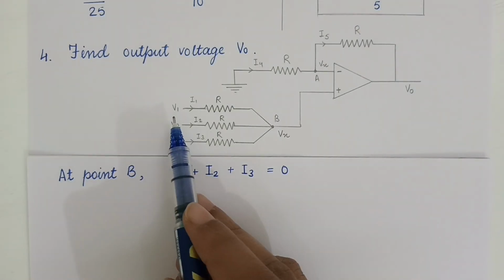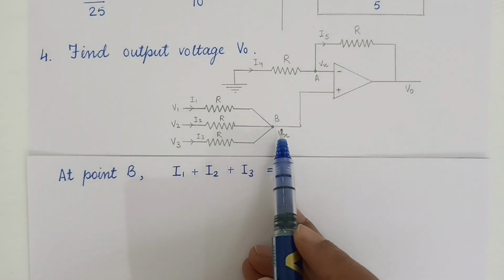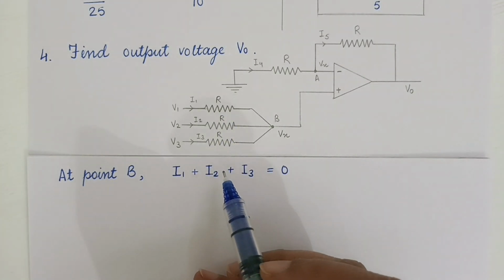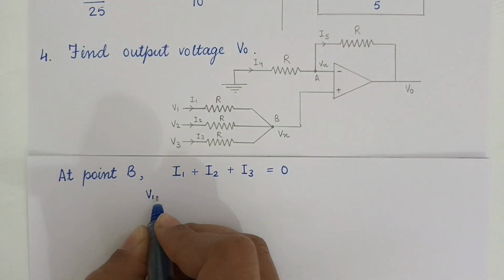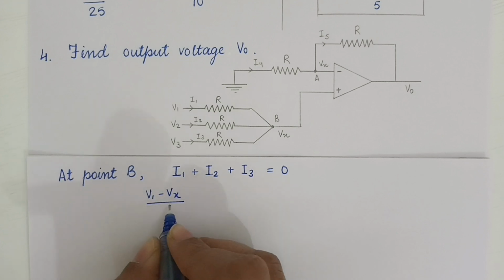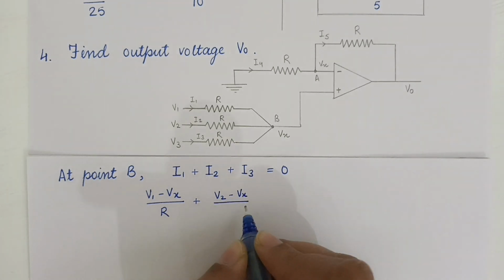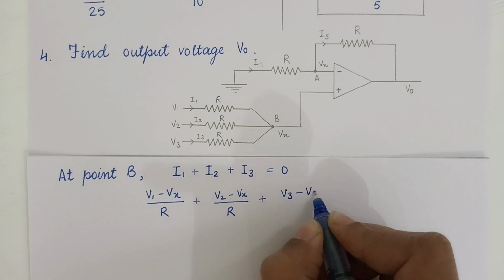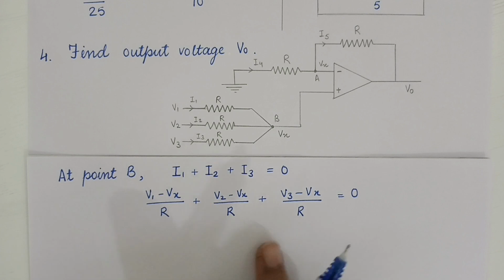Now the voltage subtraction, that is V1 minus Vx, V2 minus Vx, V3 minus Vx, and the resistance is common, that is R. So let's write it. For I1, V1 minus Vx divided by R, plus V2 minus Vx divided by R, plus V3 minus Vx divided by R is equals to 0. And now taking R common, and if we take it to the right hand side, it will become 0.